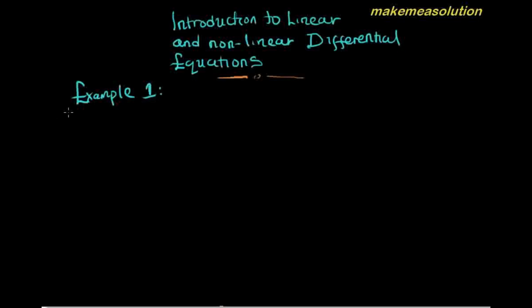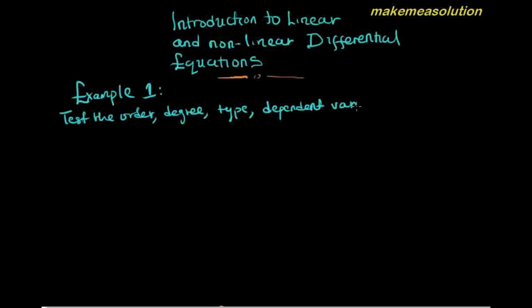So example 1 says we should test the order, degree, the type. I'm going to test the dependent variable. I'm going to check the independent variable.